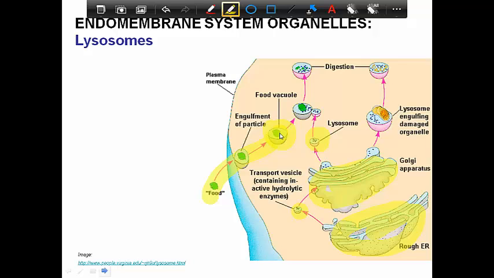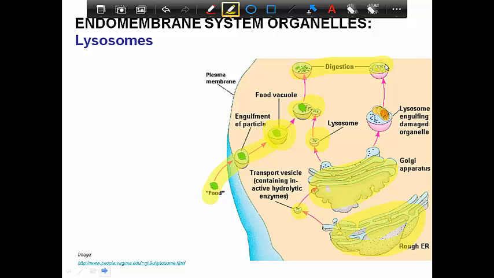What we're talking about is maybe a protein or an amino acid, something small after your digestive system has gotten done with it, and we need to break it down further. So the lysosome right here fuses with that little vacuole, that membrane-bound container of food, and it starts to digest it, which is happening right here. So it breaks it down into smaller parts.